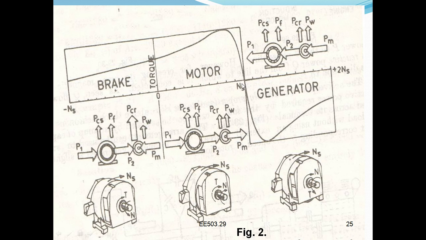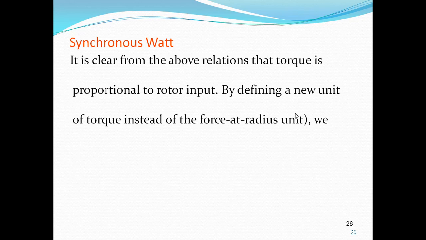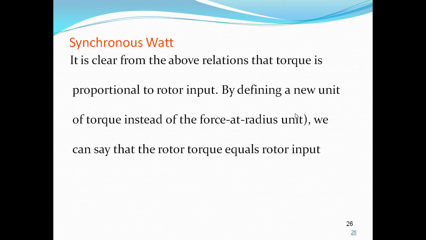If it goes below the synchronous speed, that is a negative value, then it works as a generator. So synchronous watts is by defining a new unit of torque instead of force at radius.